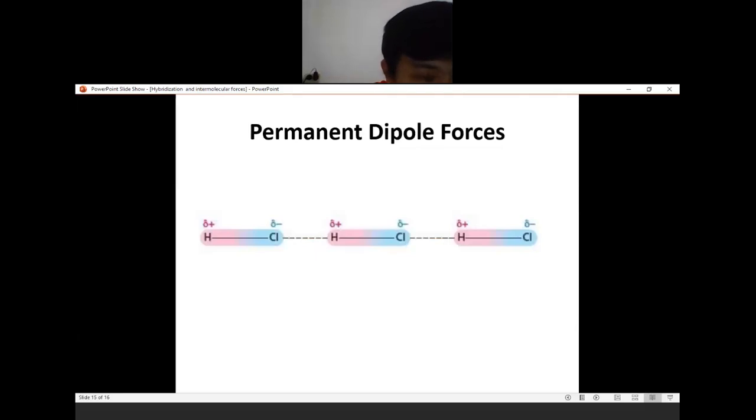That's why it is written here as dipole negative Cl and the hydrogen as dipole positive. So there is a consistent and permanent attraction between one molecule of HCl and the other molecule of HCl that makes HCl have a high melting and boiling point.